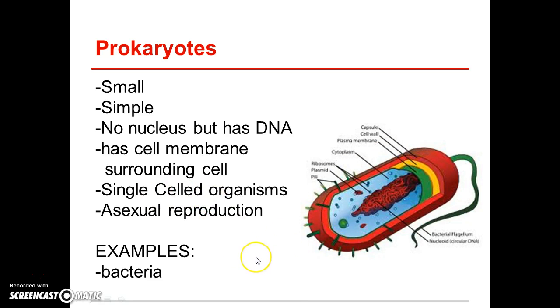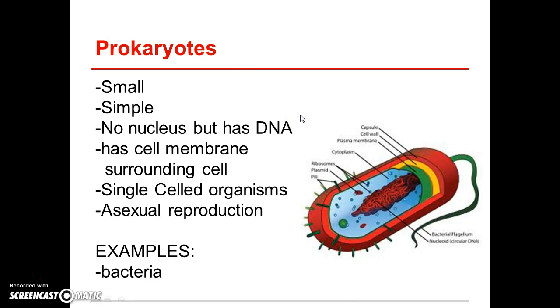These are single-celled organisms, and they reproduce asexually, which means they divide. One makes two, two makes four, and so on. Examples: bacteria. So prokaryote equals bacteria.